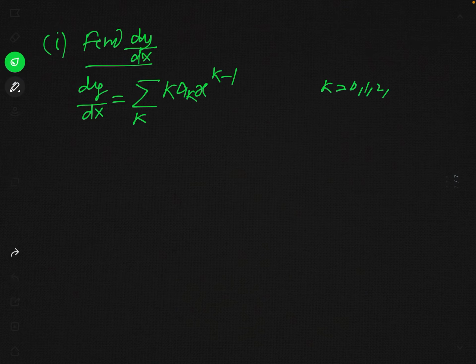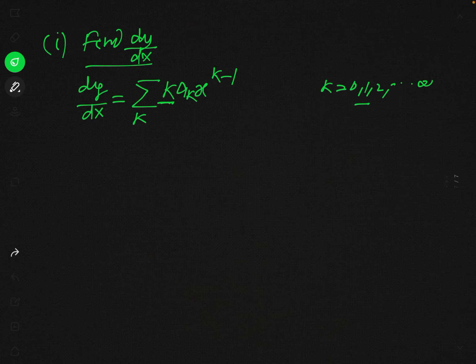Now see here, if you take the limit from k equal to 0, 1, 2, 3 and so on up to infinity, when you substitute the value k equal to 0, this term will become 0. So there is no need to write the limit k equal to 0.